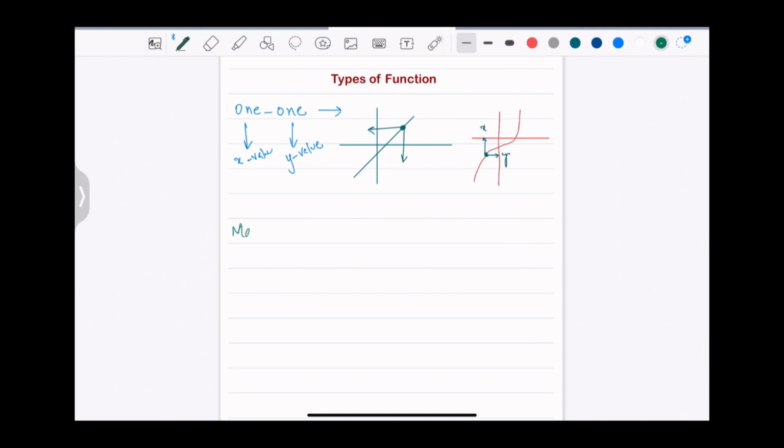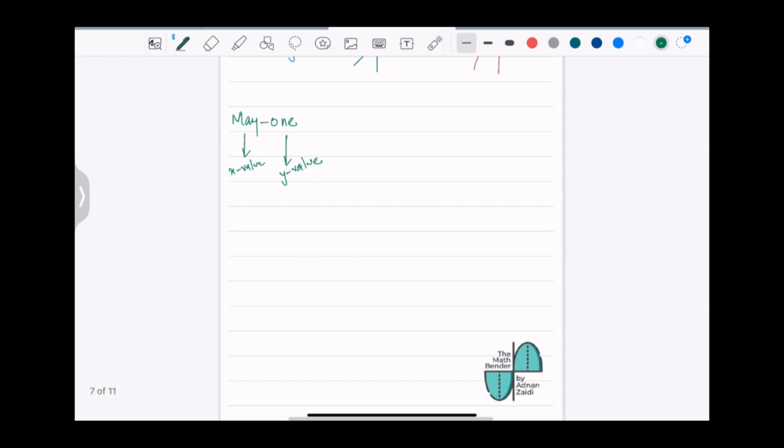There is another one, the many-to-one function, meaning many x values correspond to only one y value. For example, you can see a quadratic curve. We will discuss quadratics when we do a lecture series on them, but I'm just giving you an example here.